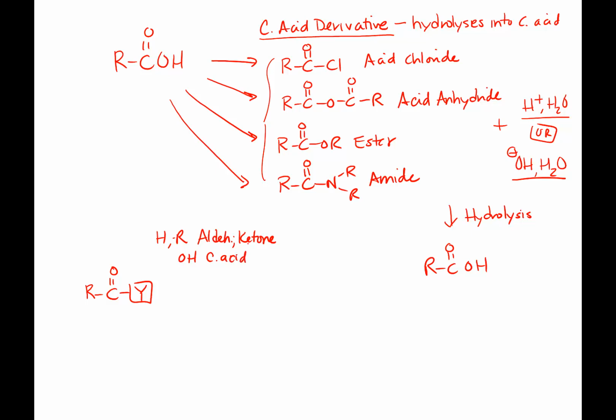Or it could be a Cl or basically a carboxylate group or an OR or an NR2 group. So all of these can be Y groups. Here's the difference between those two sets of reactions.